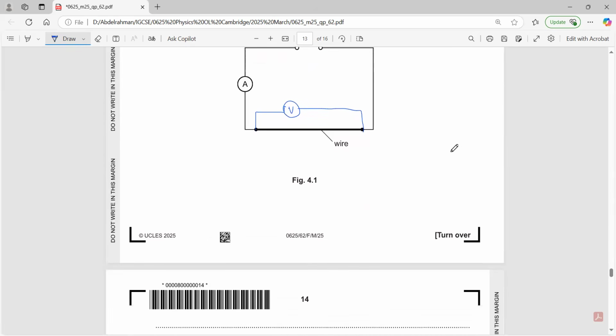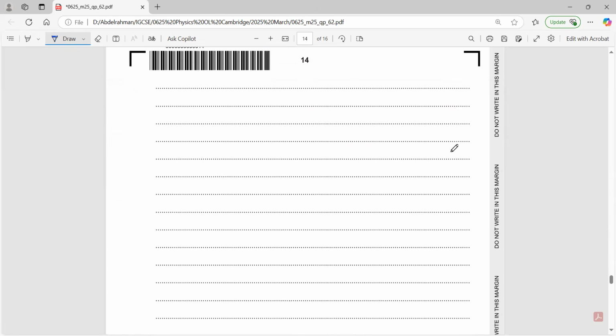First of all, what is the range of values? What is the independent variable that we are talking about? Basically the range of values, the thing that you will be changing, is the length of the wire.